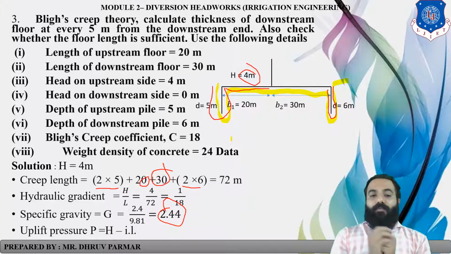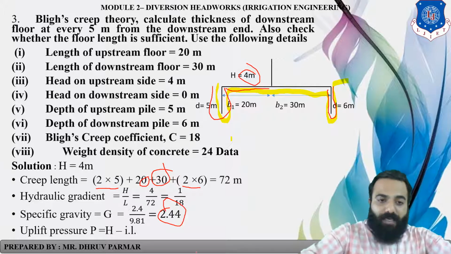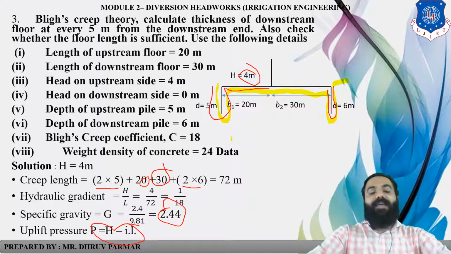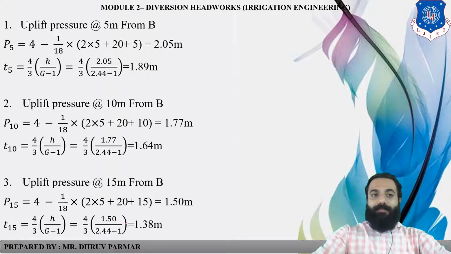And this is the formula to find uplift pressure: P equals H minus I into L. Clear? Remember this formula. This is a very important formula to find thickness at different lengths.